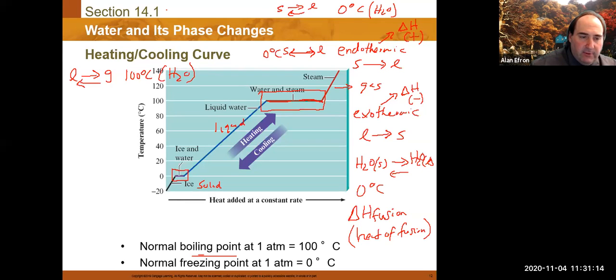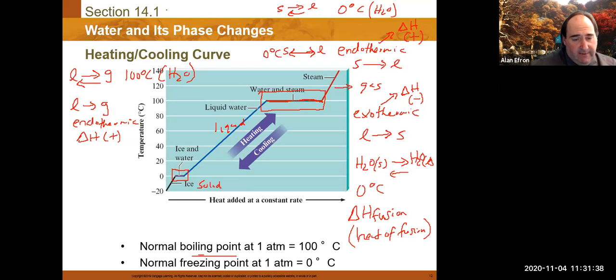And it's the same sort of process as below. If we are going from liquid to gas, that is going to be an endothermic process. If we put heat and energy in, our liquid molecules are going to gain enough energy to break apart from each other and go into the gas phase.